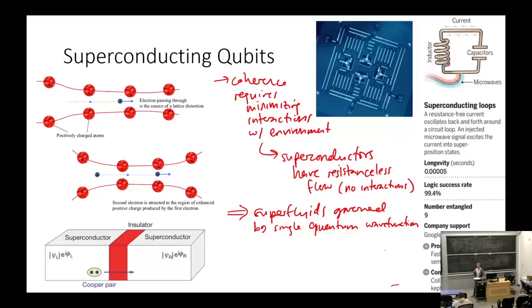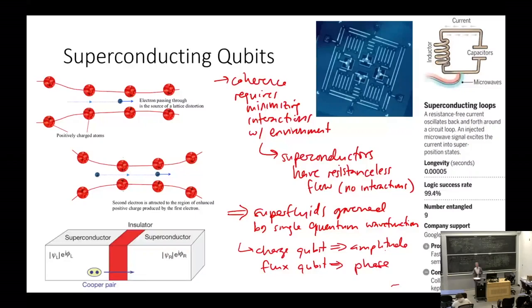There are two primary types of superconducting qubits. One is called a charge qubit, and one is called a flux qubit. The charge qubit is associated with the amplitude of the wave function, and the flux qubit is associated with the phase.